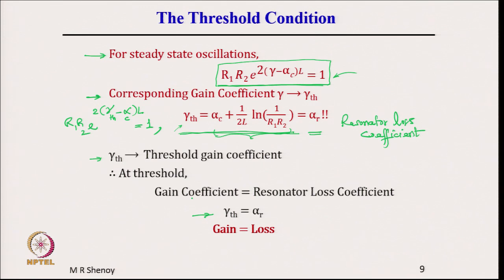Gain coefficient is equal to loss coefficient, or gamma threshold is equal to alpha r. So, this is the threshold condition, gain is equal to loss, threshold condition. We will see its importance and how it leads to steady state oscillations.